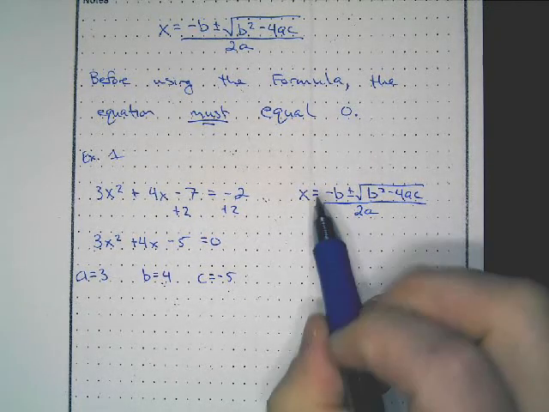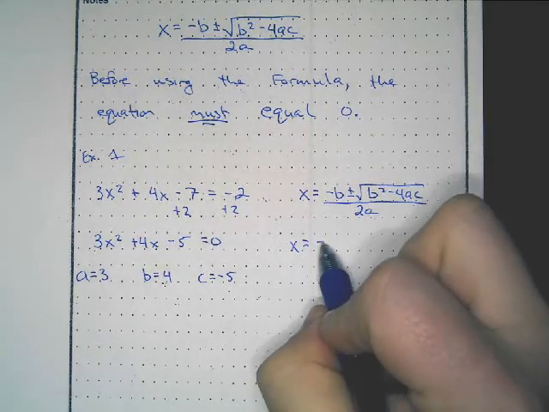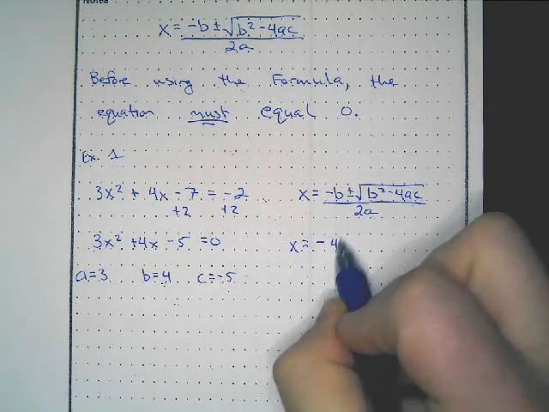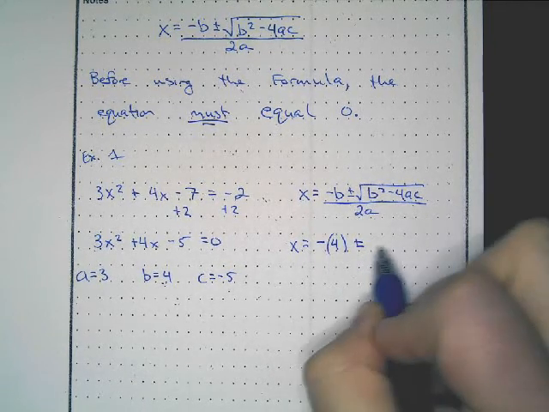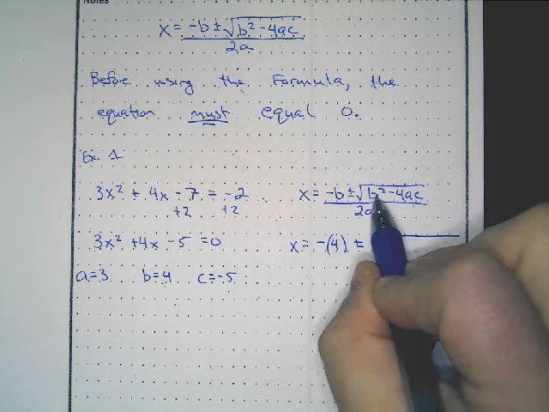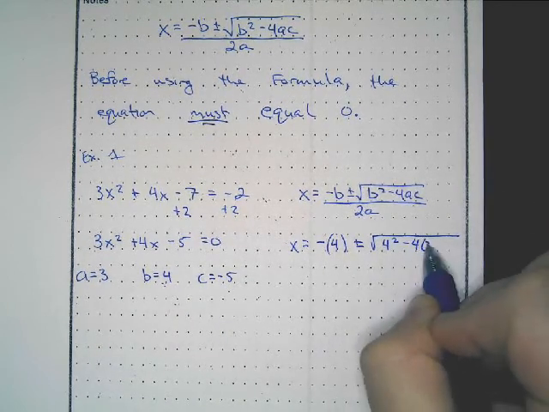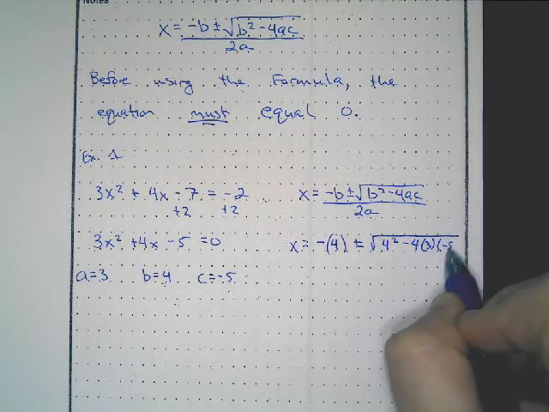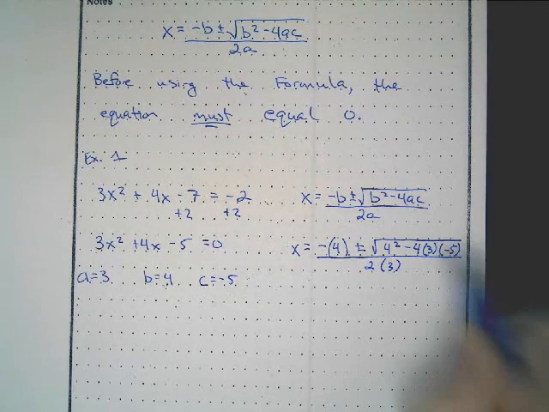So now I'm going to plug in. So I have x equals negative 4 plus or minus square root 4 squared minus 4 times 3 times negative 5, all over 2 times 3.